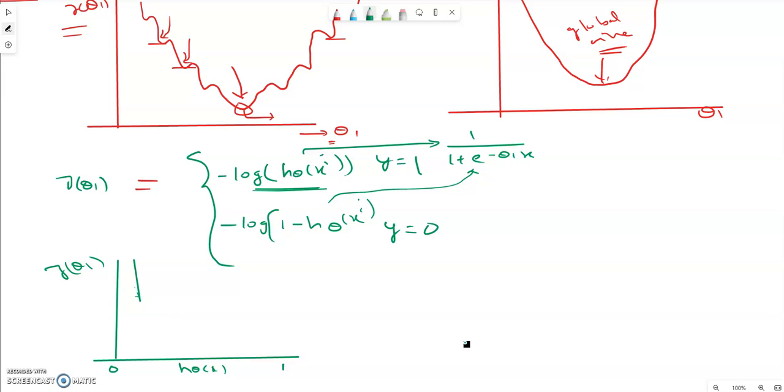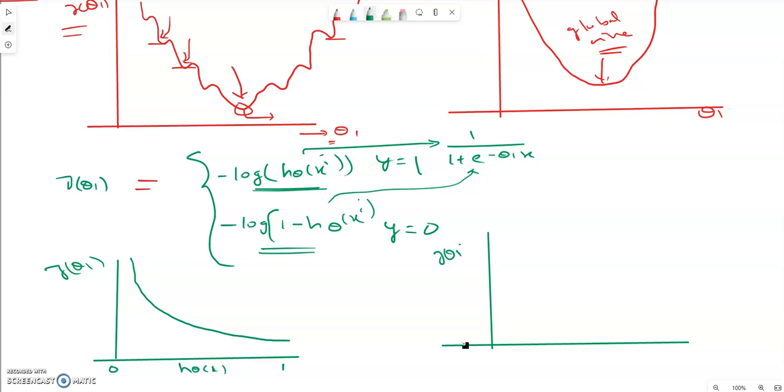It is not looking good actually. It looks something like this. Now when my equation is y equal to 0, then my graph looks something like this. Now I'm trying to draw a graph between j theta 1 and h theta of x.